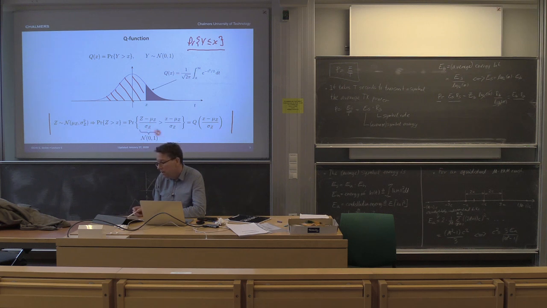Then we know that we have a standard Gaussian random variable here. And we have to do the same thing with the right-hand side of this inequality. So we take x, subtract off the mean of z, divide by standard deviation. And then by definition of the Q function, this probability is Q evaluated at what's on the right-hand side of the inequality. Okay, so this is just an easy way to compute the probabilities including Gaussian random variables.